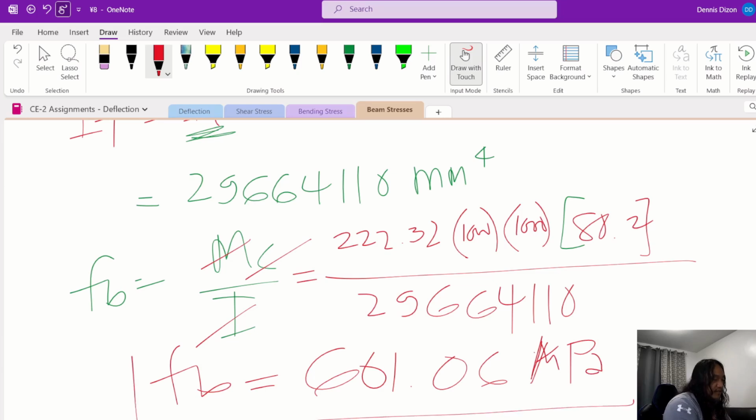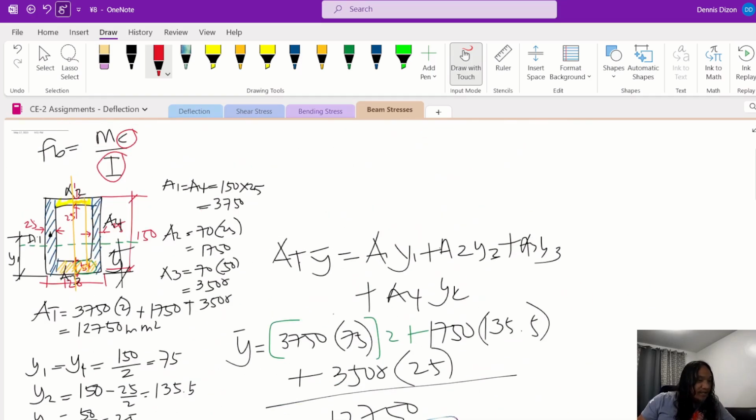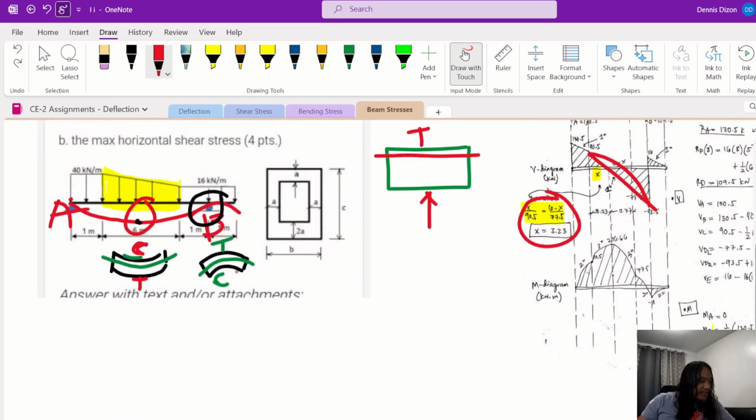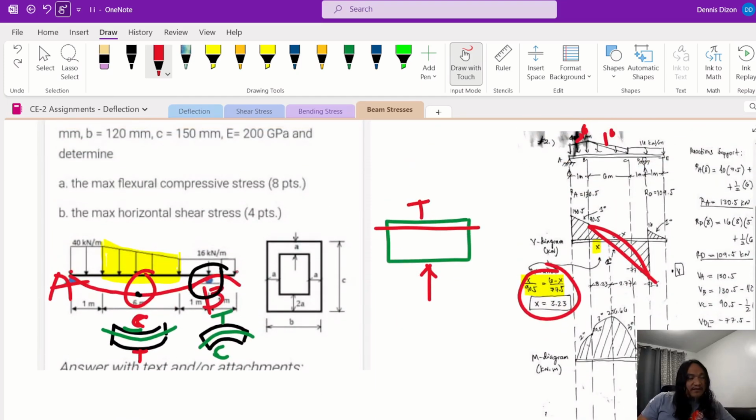I don't know if maybe during calculation we made an error, because this is quite a high bending stress. But the procedure is what I've shown you. That is the procedure on how to calculate this one. I don't know because we cannot compare the answer, since we don't have the choices below.